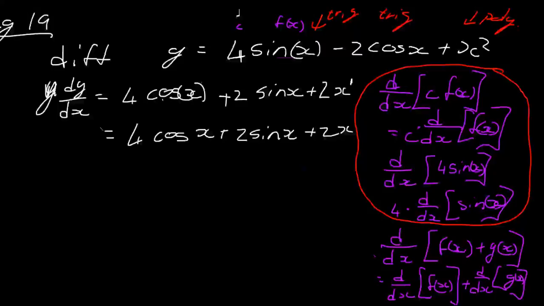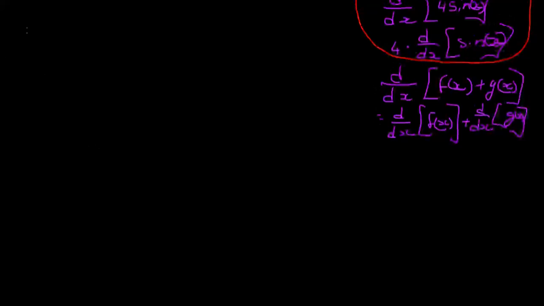Okay, so there we've got our derivative, and let's take a look at example 21. They tell you that difficult functions must be simplified using identities.